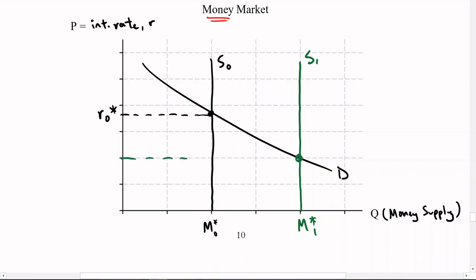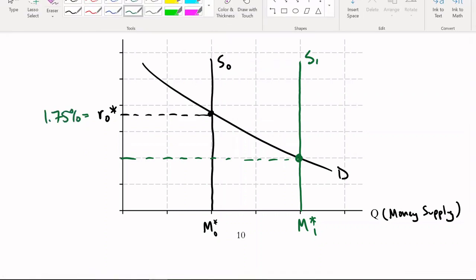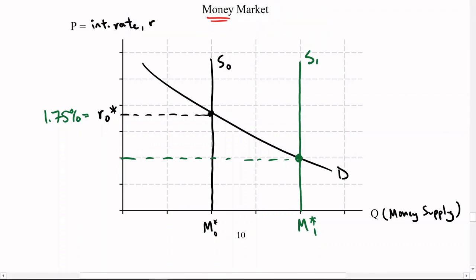The equilibrium interest rate falls. Let's call this 1.75%, and R1 star, I guess we'll call that 1%.